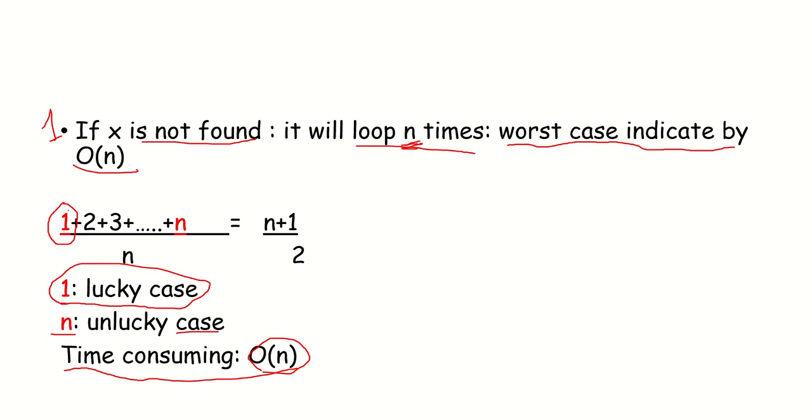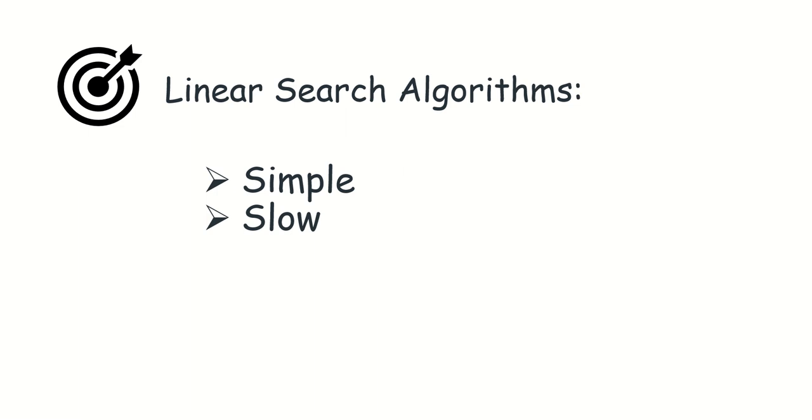We try to bring up the positive and negative points of the linear search. The linear search algorithm is the simplest one. It is a very simple algorithm, but it's very slow. Why is it slow?